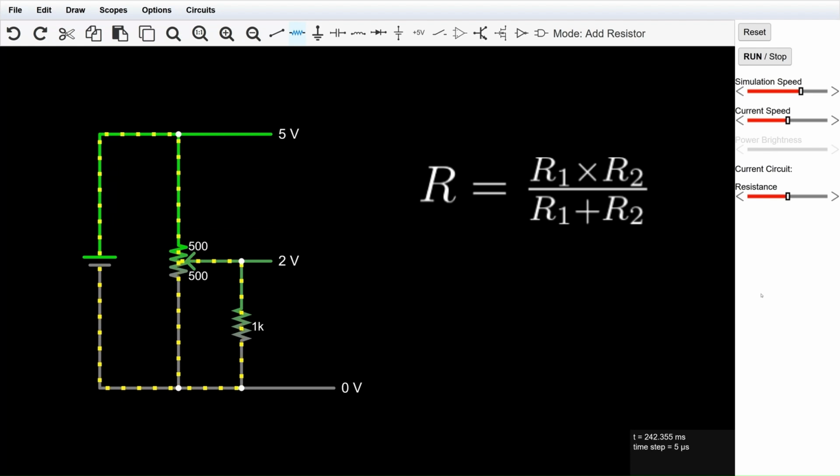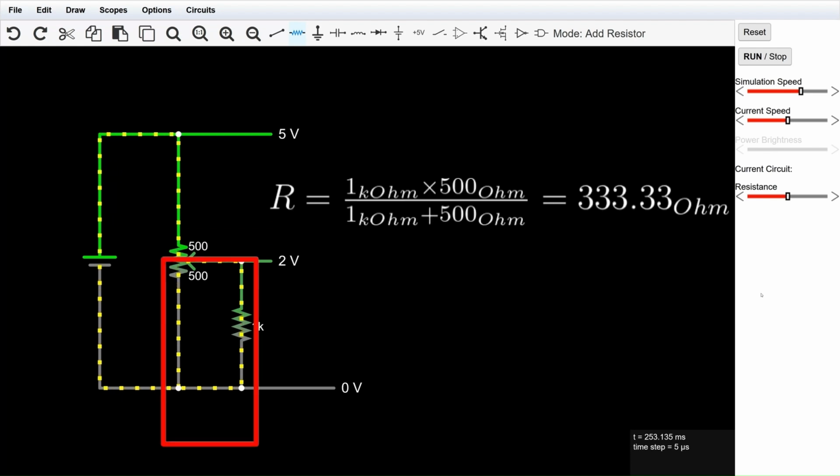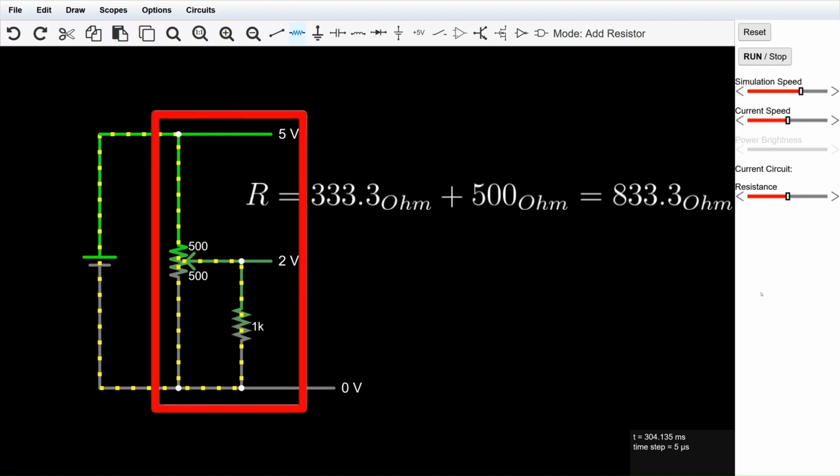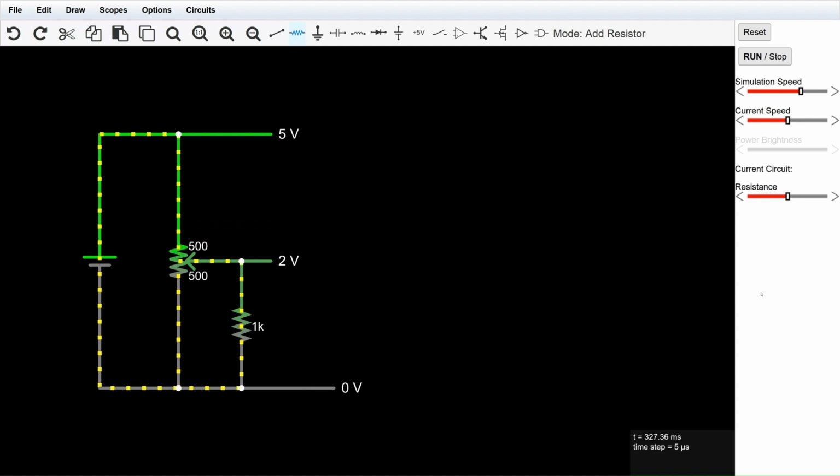Because the equivalent resistance of parallel resistors decreases according to this law. So the resistance of this circuit becomes approximately 333.3 ohm. In that case, the total resistance of the circuit will be approximately 833.3 ohm. When this happens, the total resistance of the entire circuit automatically changes.